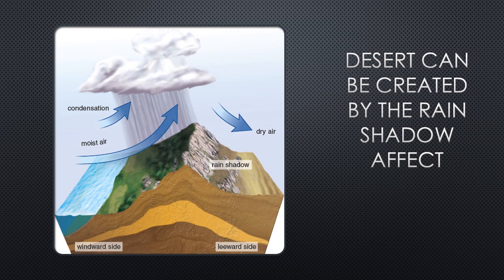But essentially what that means is that there is a mountain area that causes moist air coming off of the ocean to come, and as soon as it hits the mountains, then the water is released from those clouds, and so that means that everything after it is very dry air. So that's what we call the rain shadow effect, and that happens on the leeward side of a mountain, and that's the case in California and Nevada. That's how Death Valley is formed.